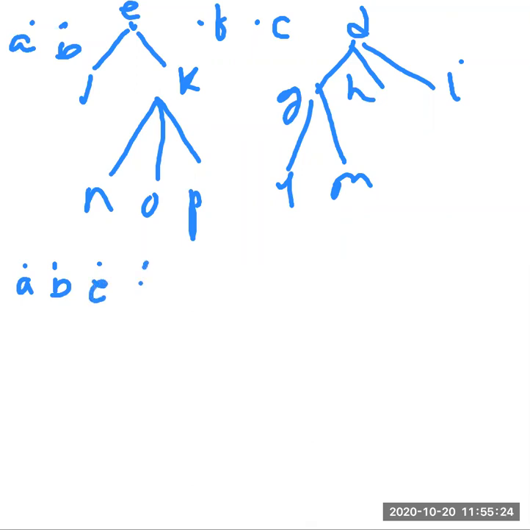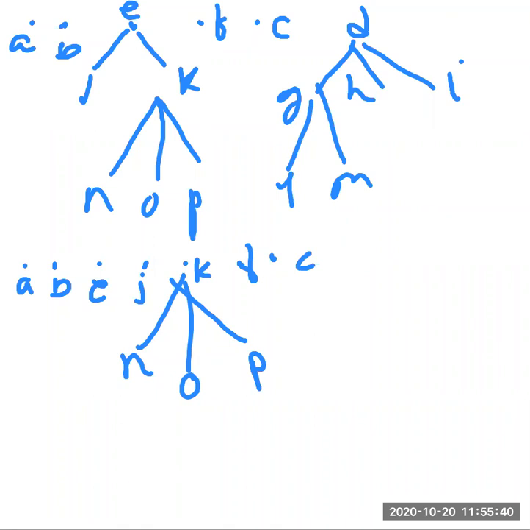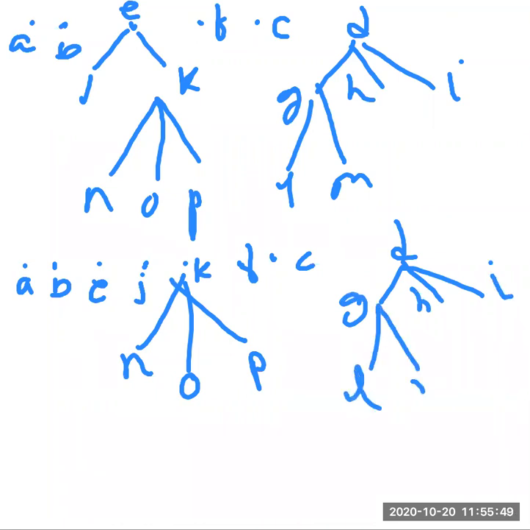So next will be J and K, and K has 3, N, O, P. F as it is, C as it is, because they are not yet visited, D as it is, G, H, I, and L and M. Now E is visited. Now visit the next left subtree, so it is J. No split is there.